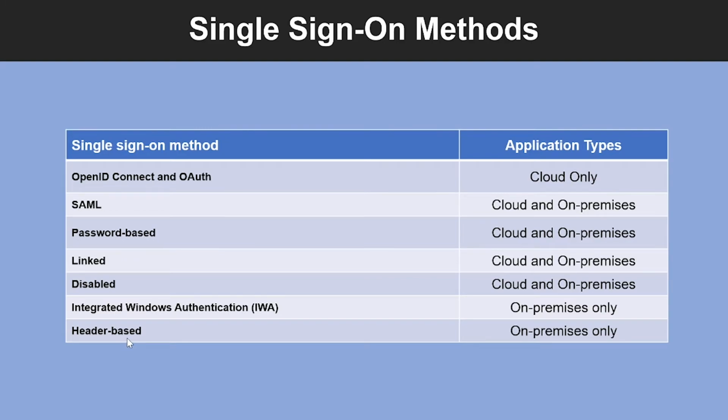And the last one is header-based. You can use header-based single sign-on when the application uses headers for authentication. Header-based single sign-on requires Ping Access for Azure AD. An application proxy uses Azure AD to authenticate the user and then passes traffic through the connector.